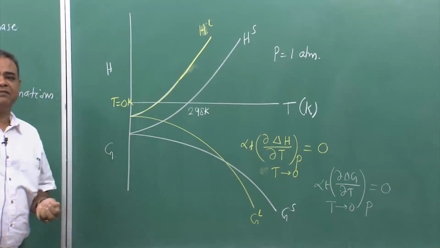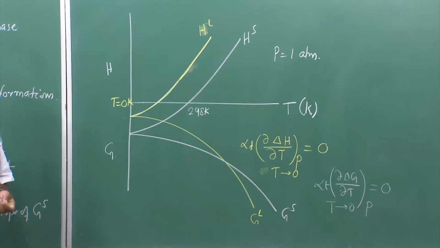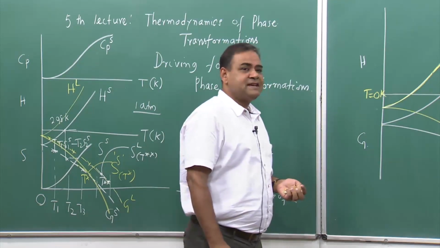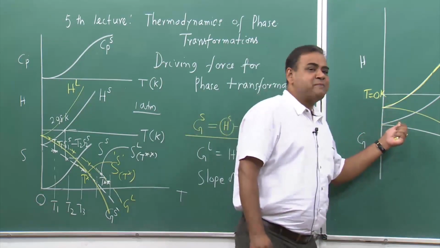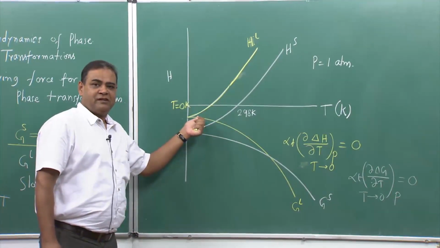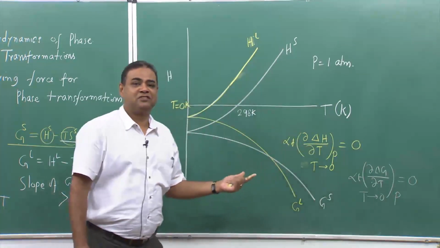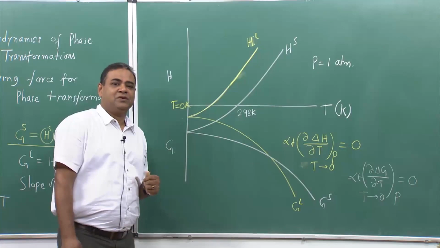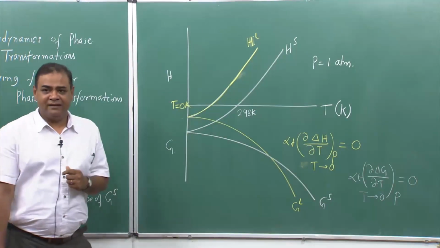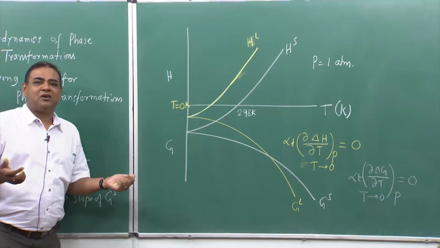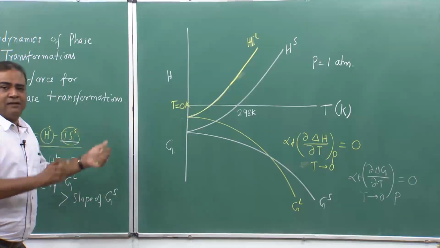concept is arriving from the Nernst postulate, which says that for a condensed matter at constant pressure, the change in enthalpy values of a particular condensed phase goes to 0 if T tends to 0 Kelvin. So, this is a kind of statement for the third law of thermodynamics in a nutshell, okay.